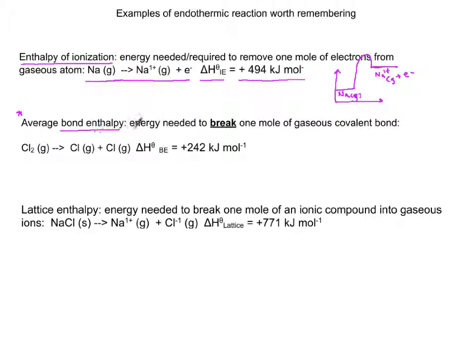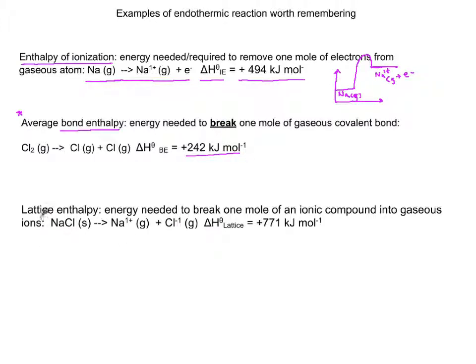So bond enthalpy could be defined as energy needed to break 1 mole of gaseous covalent bond. Cl attached to Cl in a diatomic molecule is covalent. When I need to break it, I need 242 kilojoules to break that bond. So bond enthalpy is breaking covalent bonds is another example of endothermic reaction.